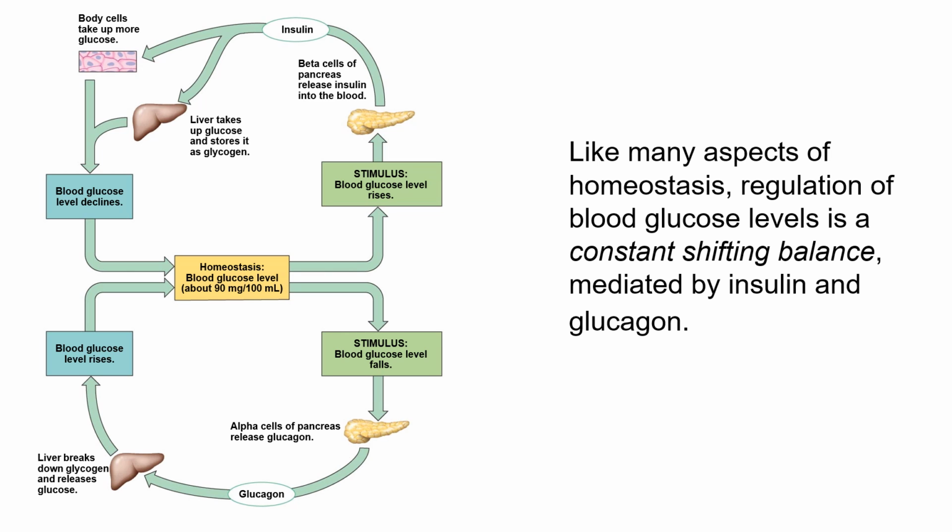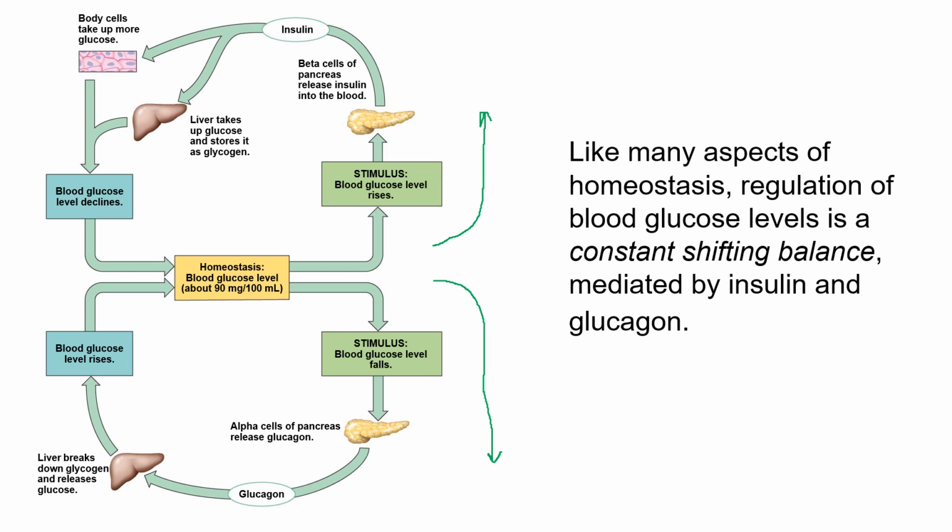And so in this diagram, we see two halves of blood glucose homeostasis. When blood glucose approaches its upper limit, then the pancreas releases insulin, and insulin helps to lower blood glucose. And when blood glucose starts to reach its lower normal limit, the pancreas releases glucagon, and glucagon helps increase the amount of glucose in the blood.